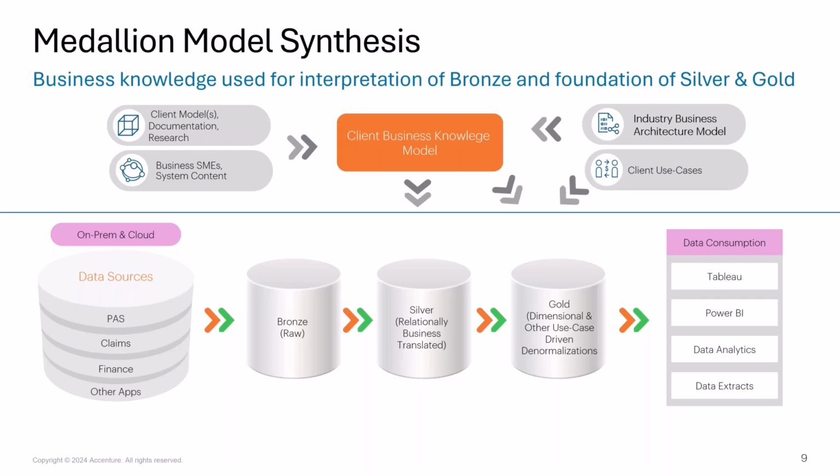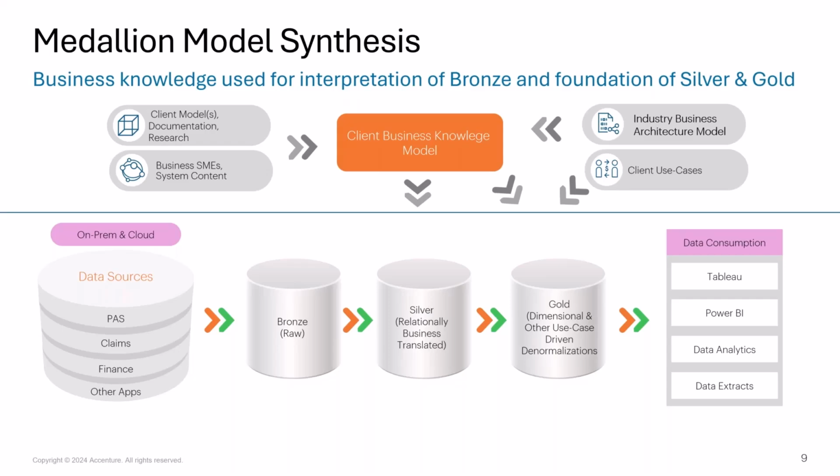And then we work with business SMEs as well, and reconciliation of system content to further adapt the model. The resulting knowledge model provides the relational business pattern for creating the silver tier.